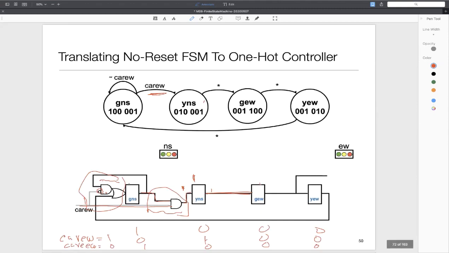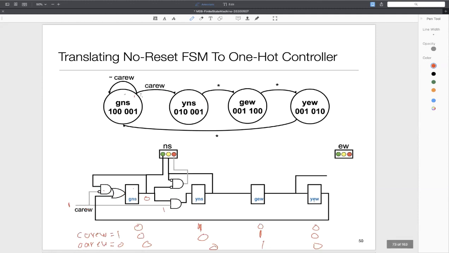Okay, so very simple transition logic. Now, the part we are still missing is how do we control the output lights? So we still have to worry about that a little bit. So north-south lights. North-south is green when GNS is high. North-south is yellow when we are in the YNS state.